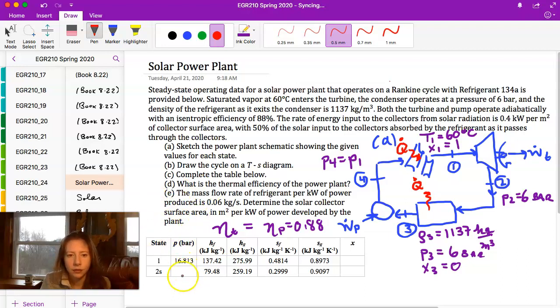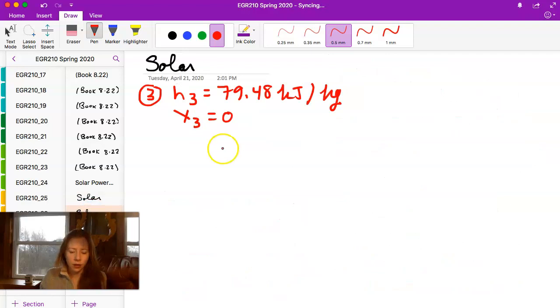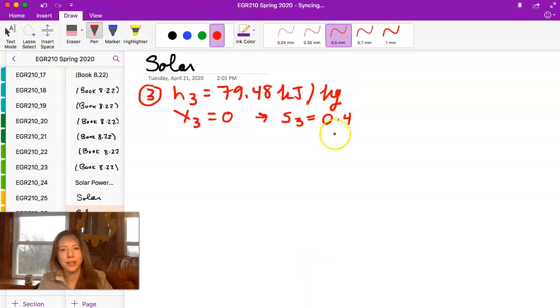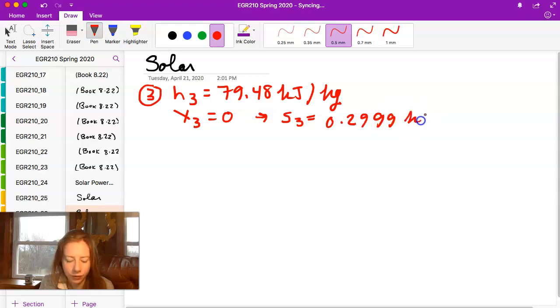Hint, hint. So this is the info for 6 bar. All right, and so S3, you can just look up. Hold on 1 second. Just noticed something funky in my notes. All right, so S3 is going to be 0.2999 kilojoules per kilogram.